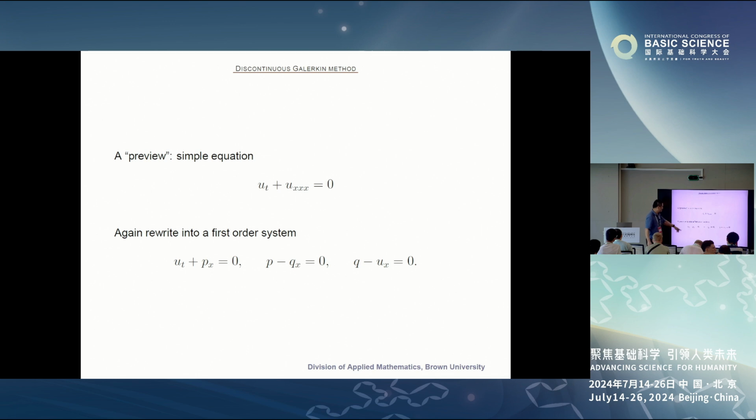So you introduce 2 auxiliary variables. So Q is Ux, P is Qx, which is Uxx, and then it becomes Ut plus Px equals 0. So 3 equations, but each one of them has only first derivative. So then you could use hyperbolic treatment for these first derivatives. You're in very good shape.